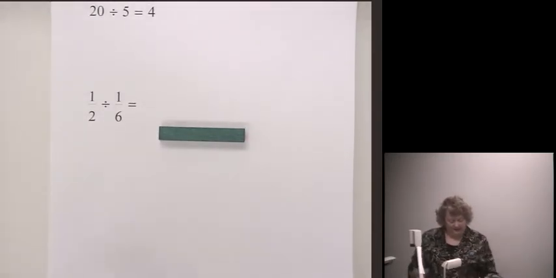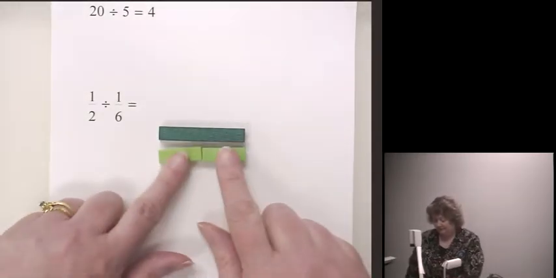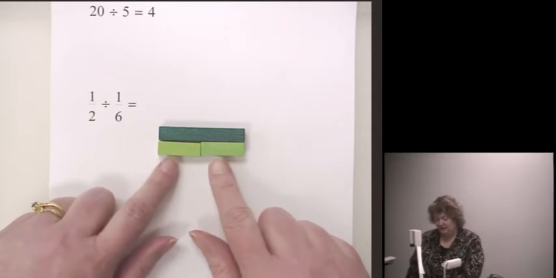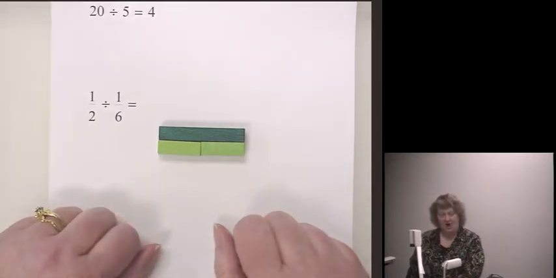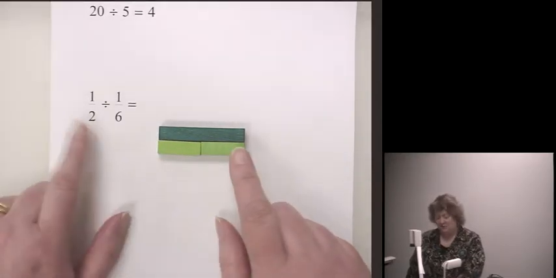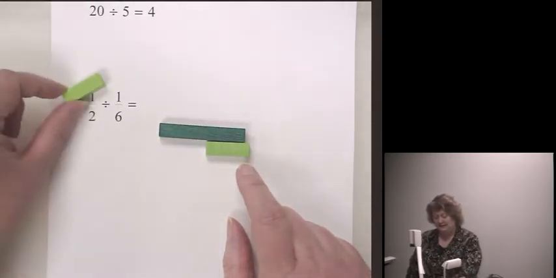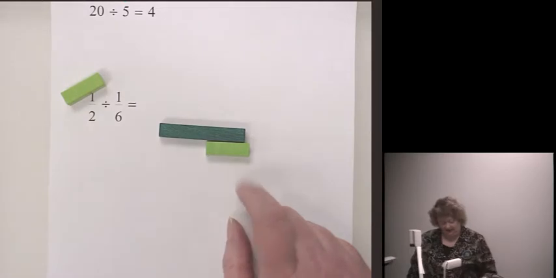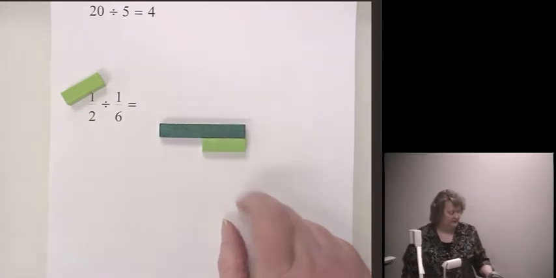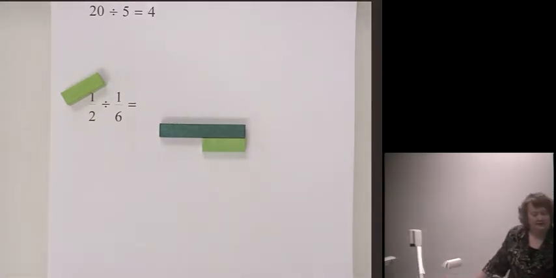This dark green one here is representing our 1. So that's 1 whole. So this right here, the light green one, represents our half pieces. So 1/2. This green piece right here represents the half that we have right here, because it takes 2 of those to make a whole.